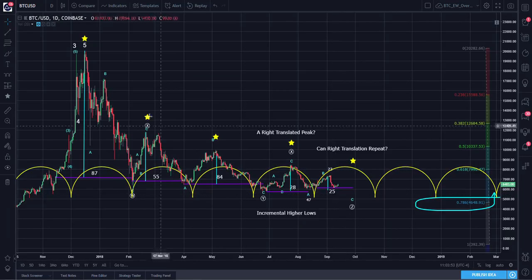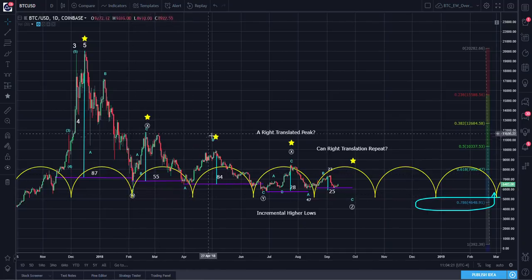If that's the case, we also see the declining height of the price on each cycle. We also saw most of them being left translated, where the peak occurred in the first half. So less time was spent in rising, and more time was spent in declining, which is bearish.